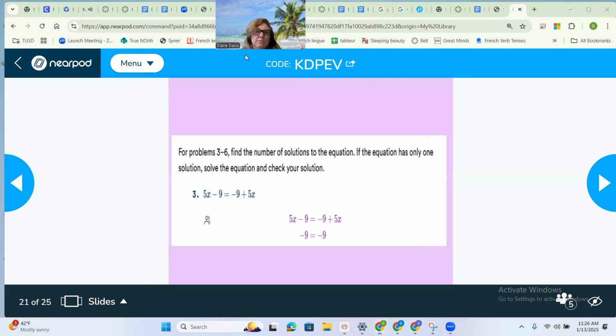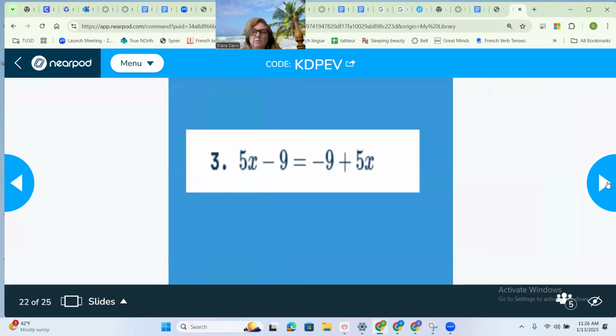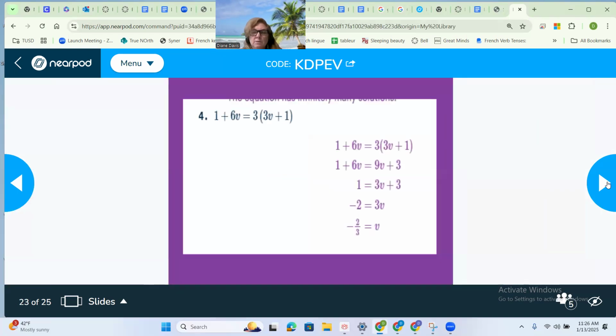This would have an infinite number of solutions also, right? Because if you put a 0 in there, it's still this 0. They're going to take away from each other, and you're going to be left with -9 equals -9. So that has an infinite number of solutions.